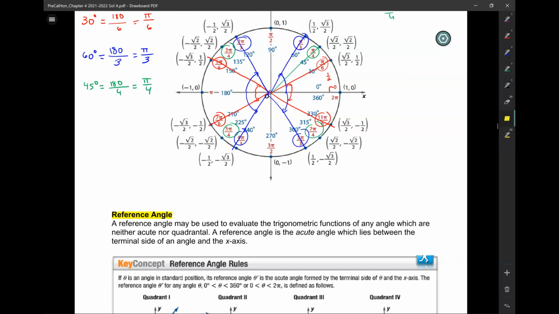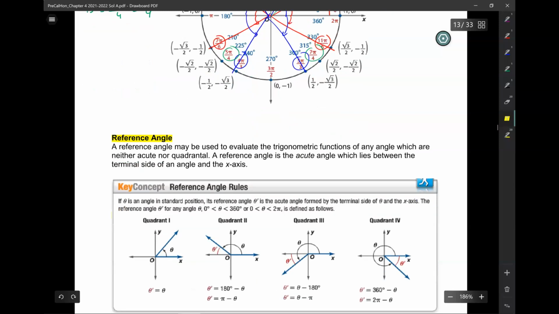A reference angle is necessary for us to be able to evaluate trig functions. So for example, if I want the sine of 540 degrees, I need a reference angle. What you need to know about the reference angle is, first and foremost, it's an acute angle.